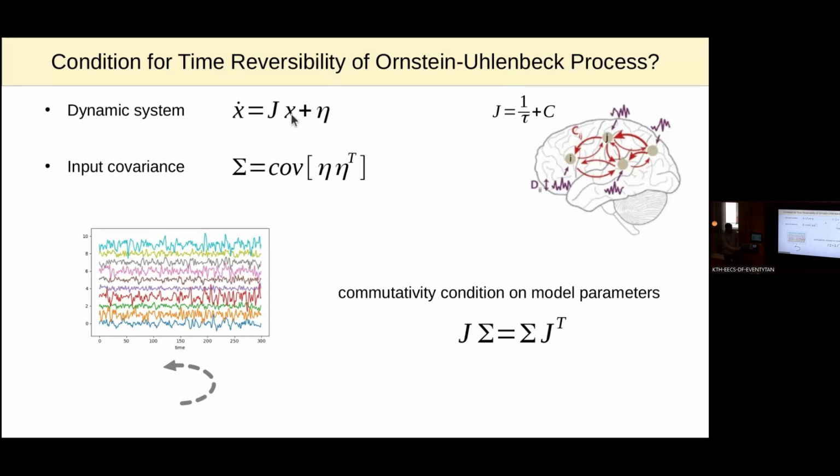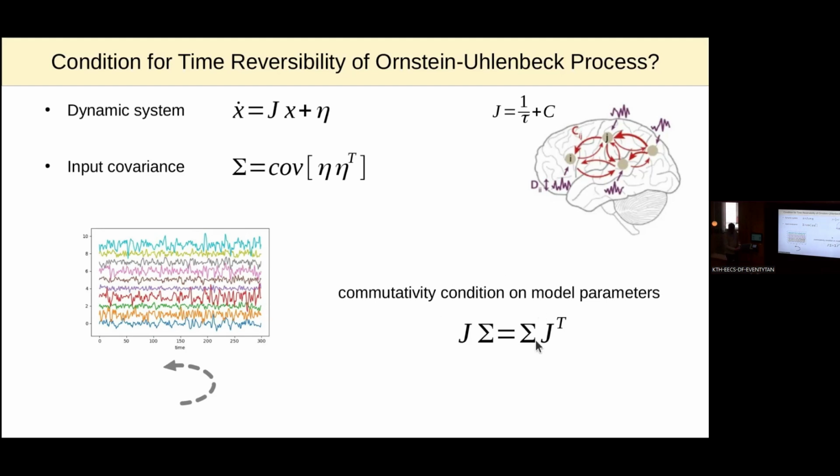So I just recall our dynamic system here. Its Jacobian, meaning the connectivity and the time constant, and our inputs that are beta here. To understand whether you've got entropy production, it's like considering whether the time courses generated by this dynamic system can be time reversible.